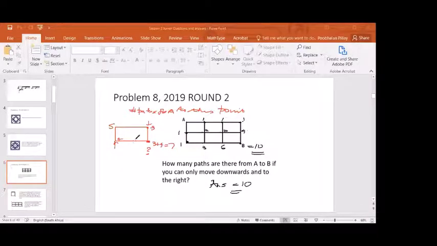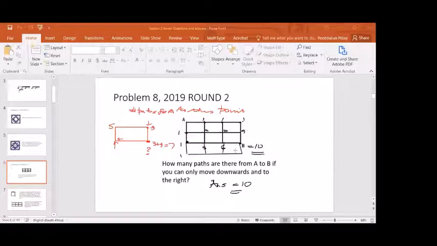And we learned something very interesting here. If I had, for instance, another 3 down here, suppose I had this kind of a grid. So again, from here to here, there's only one way.